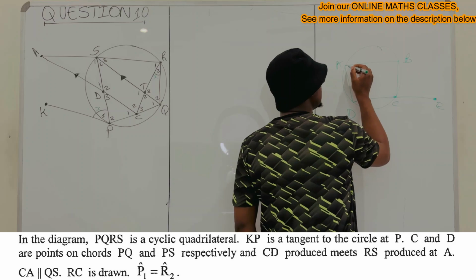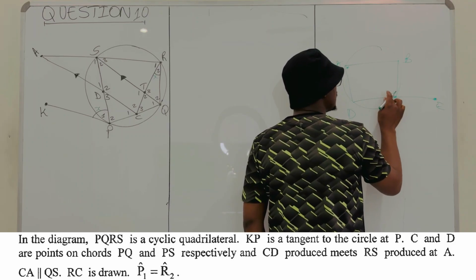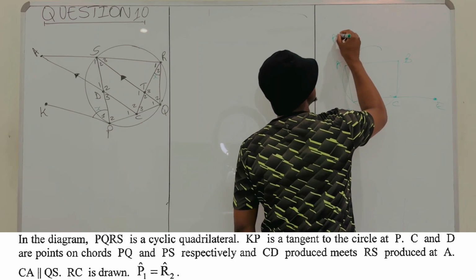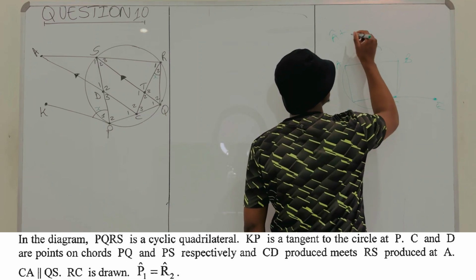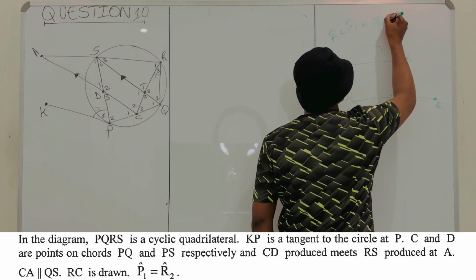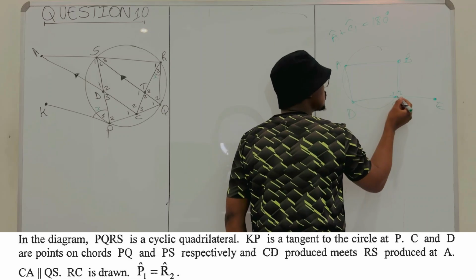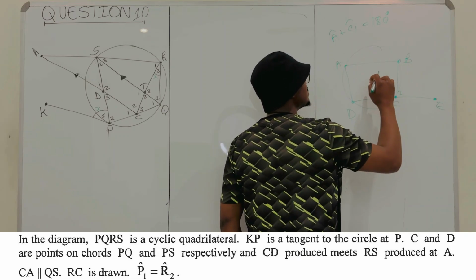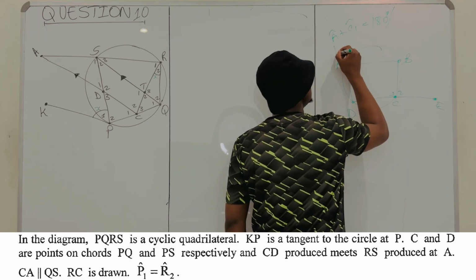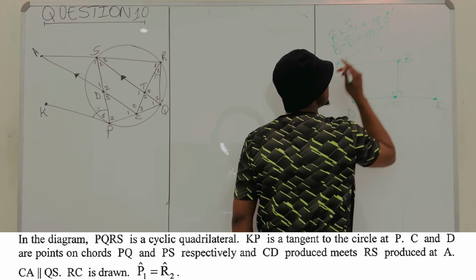Angle A plus angle C, let's say C1 and C2, that's C1, they give you 180 degrees if this is a cyclic quadrilateral, and it is a cyclic quadrilateral because all of its vertices lie on the circumference of a circle. And angle B plus angle D also give you 180 degrees, right?